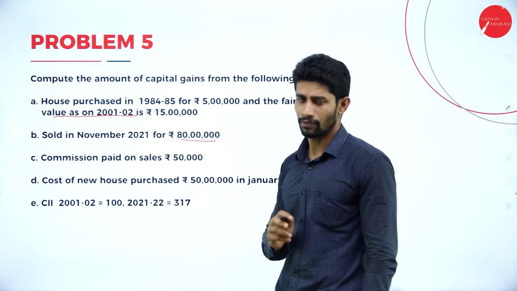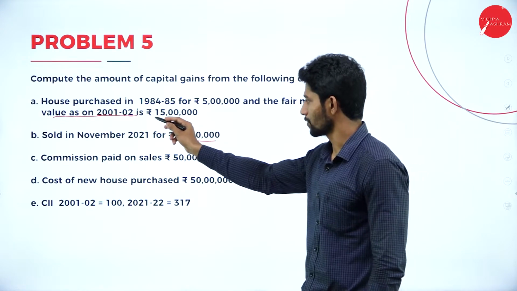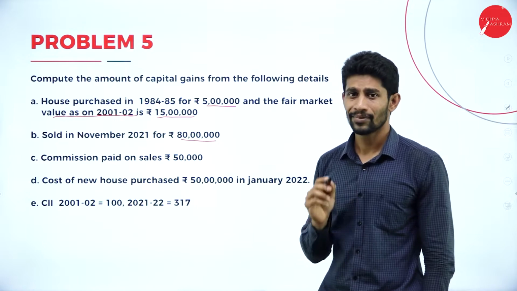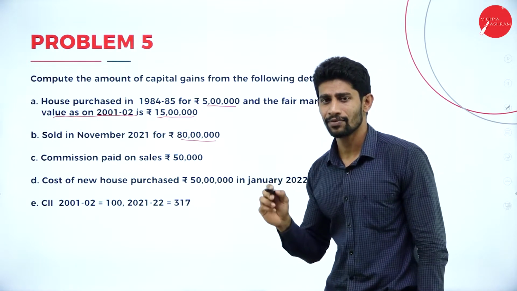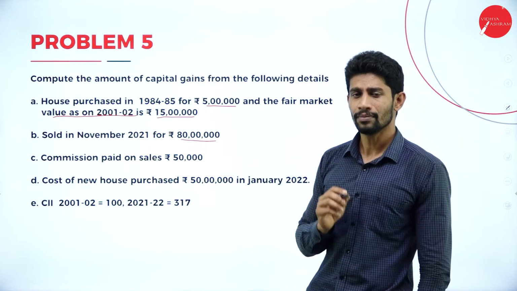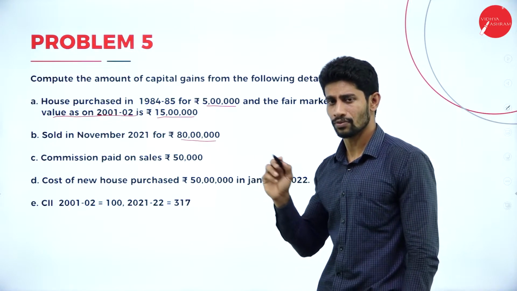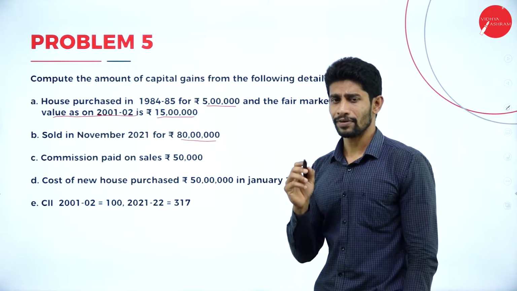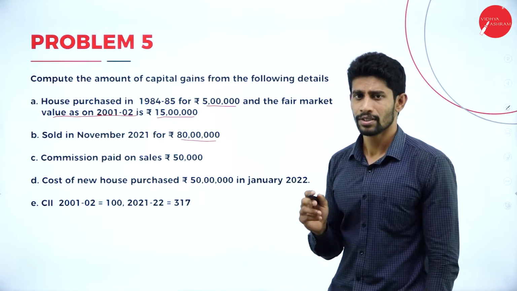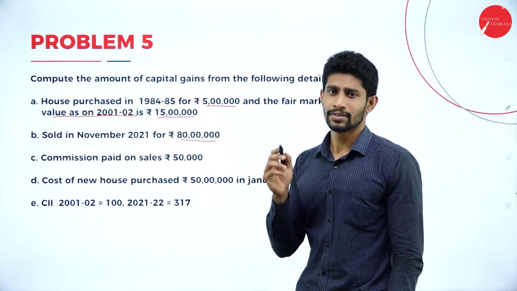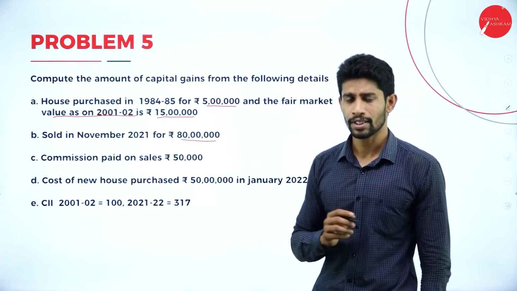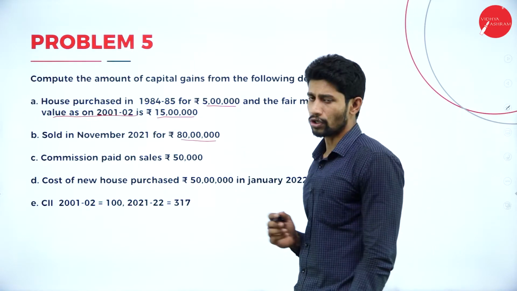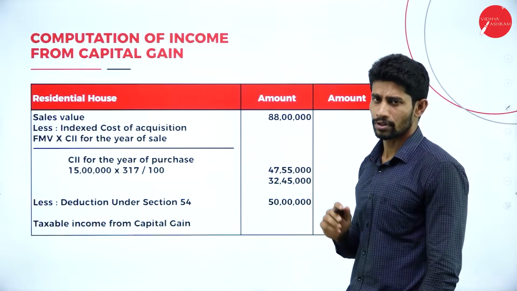So for purchase value, we will be considering the fair market value of 15 lakhs, not rupees 5 lakhs, because the cost of inflation index CII value is available from the year 2001-2002. From there it is available. So the inflation cost of index is available from the year 2001. So that is why we are supposed to calculate the fair market value of any property which is purchased prior to 2001.